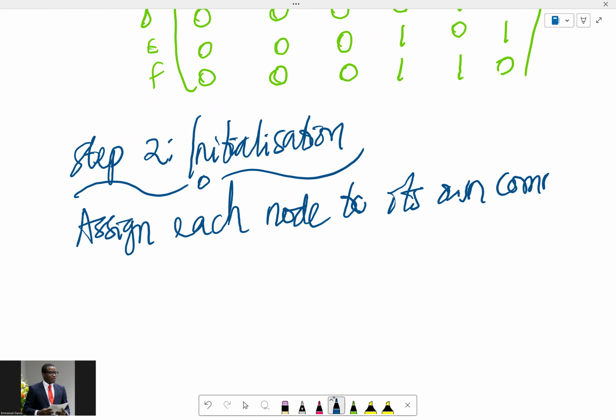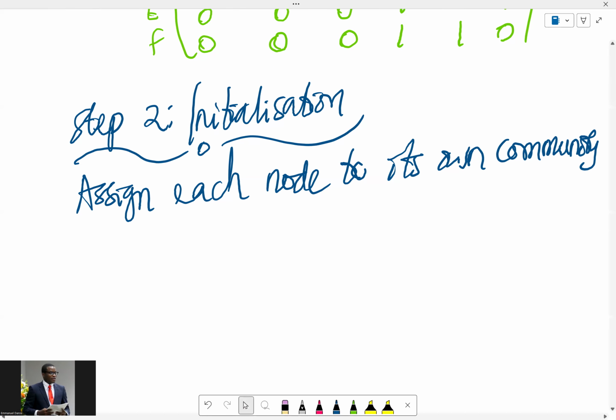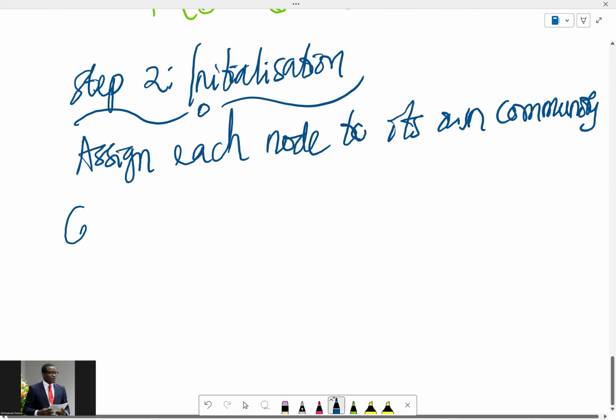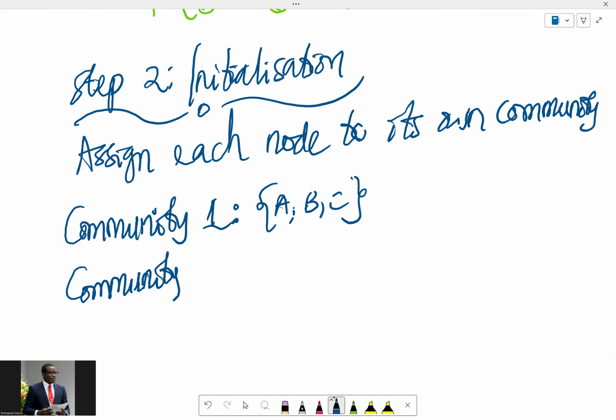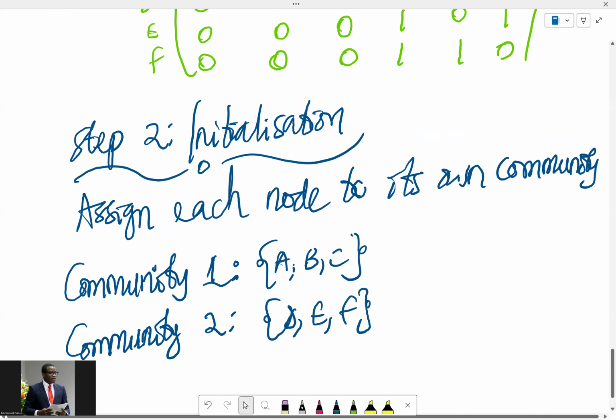Of course, we know A, B, C belong to community 1, that's group 1, and D, E, F to community 2. So community 1 is the collection A, B, C, and community 2 is D, E, F. So that's the second step.